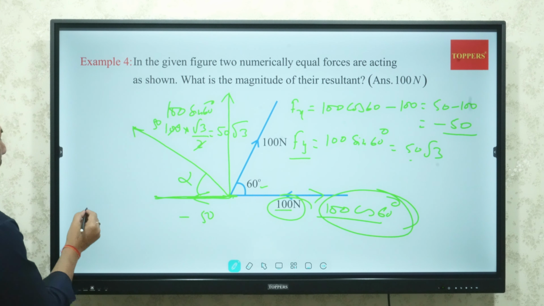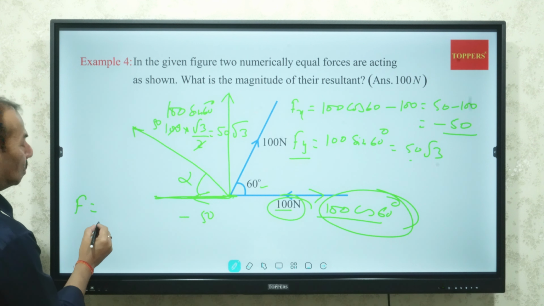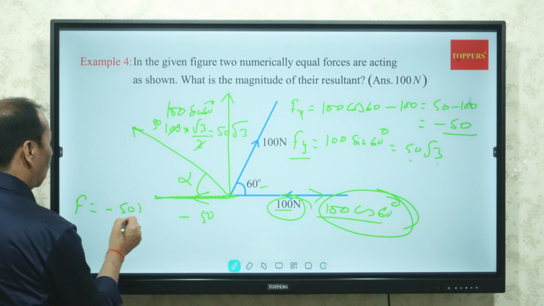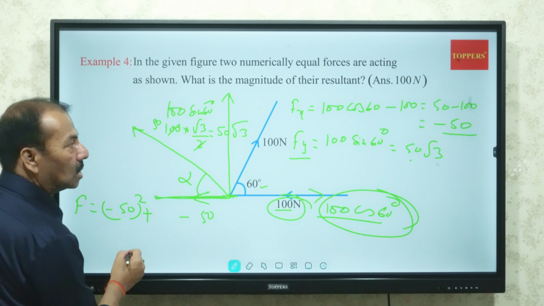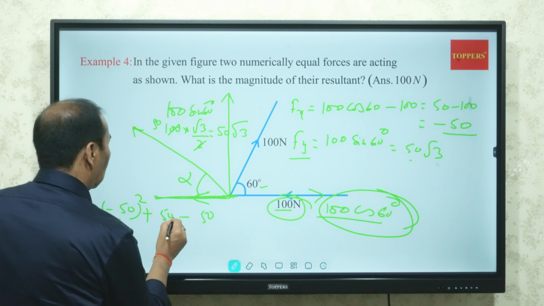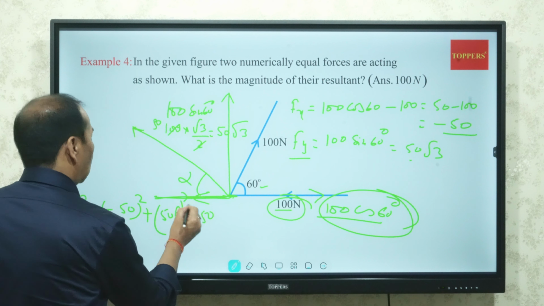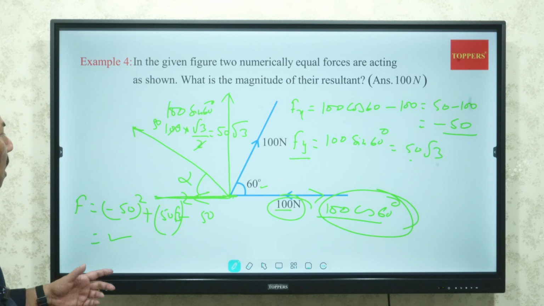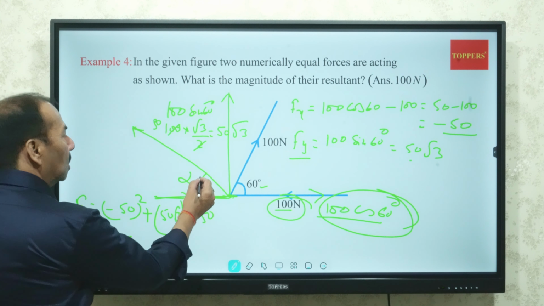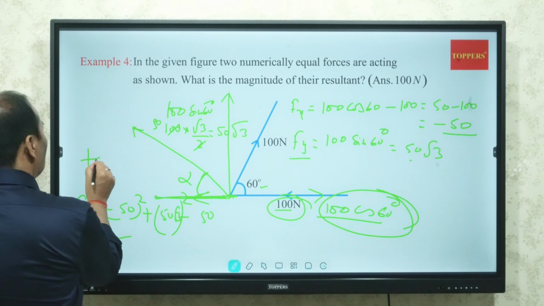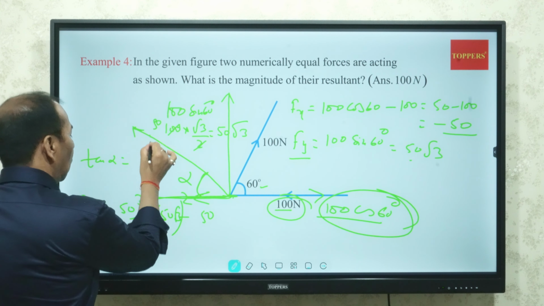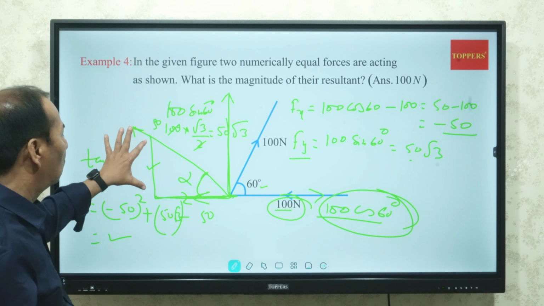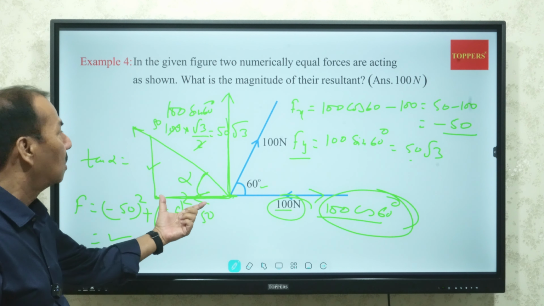So the resultant, if it is F, will be equal to the square root of minus 50 whole square plus 50 root 3 whole square. You can simplify and you will get the value of this resultant force. As far as the angle is concerned, if this angle is alpha, then tan alpha, this line is parallel to this, will be this component divided by this component.